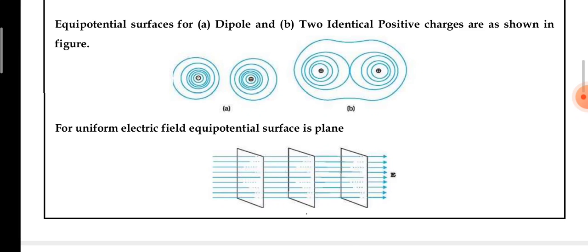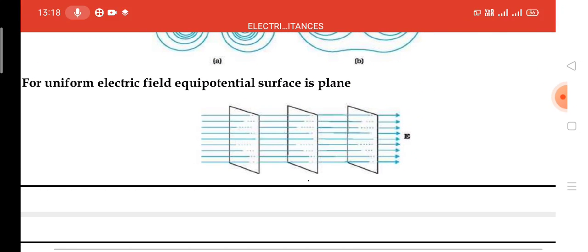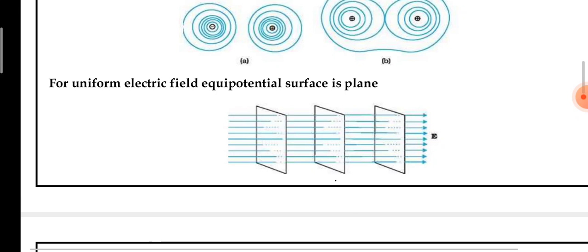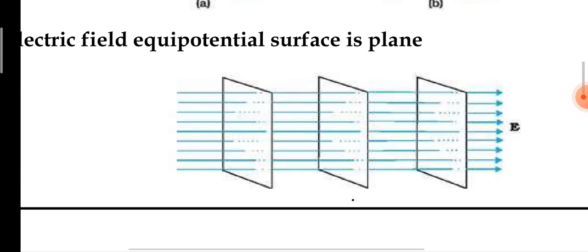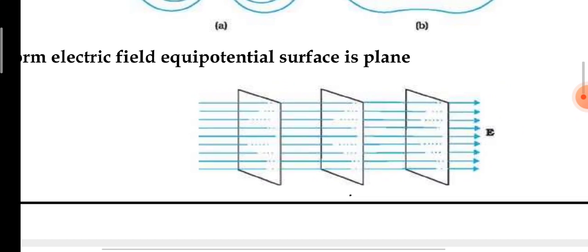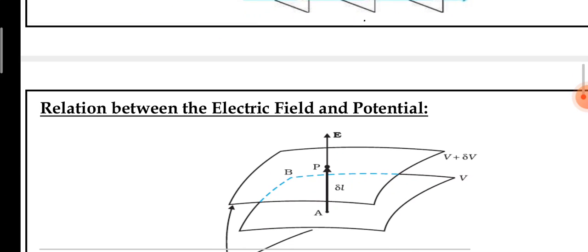Clearly I have explained in our video class. Afterwards, equipotential surface for a uniform electric field is drawn like this: a plane. The equipotential surface shape is a plane for a uniform electric field.